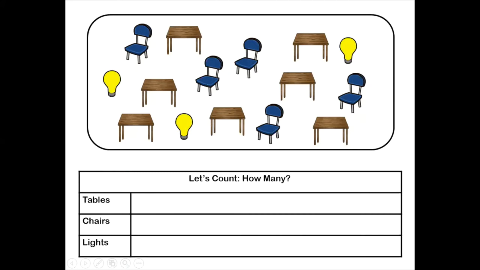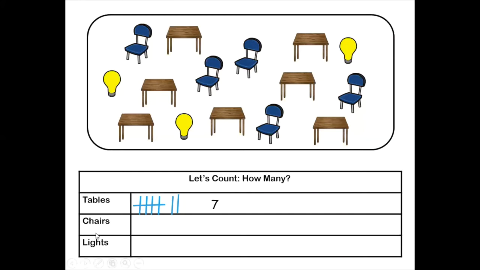Usually those marks are called tally marks. So let's count. 1, 2, 3, 4, 5, 6, 7. So there are 7 tables. So these are your 7 tally marks. Now, if you don't want to do tally marks, yes, you can still write your number 7 to match.